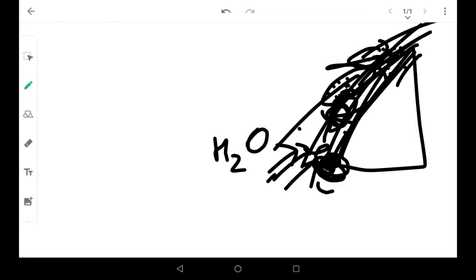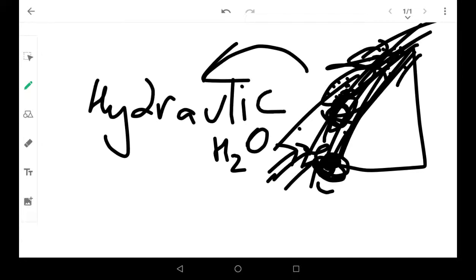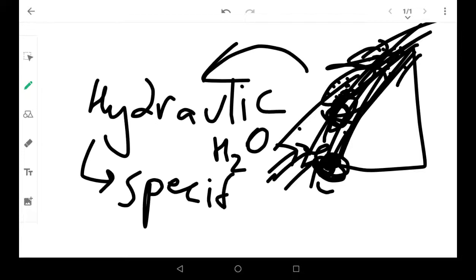So this is hydraulic washing, and it's based on the specific gravity of the ore.